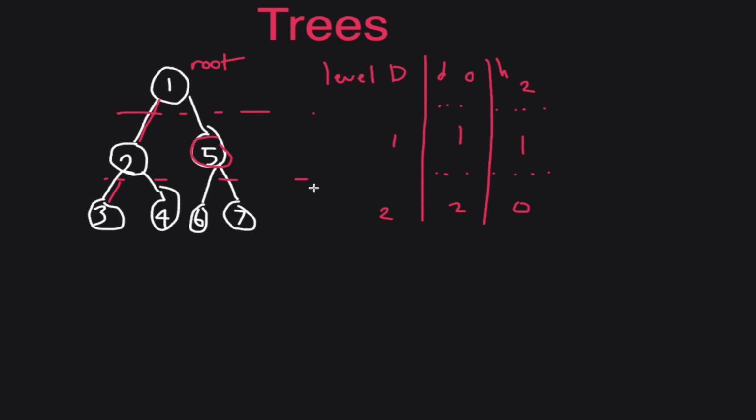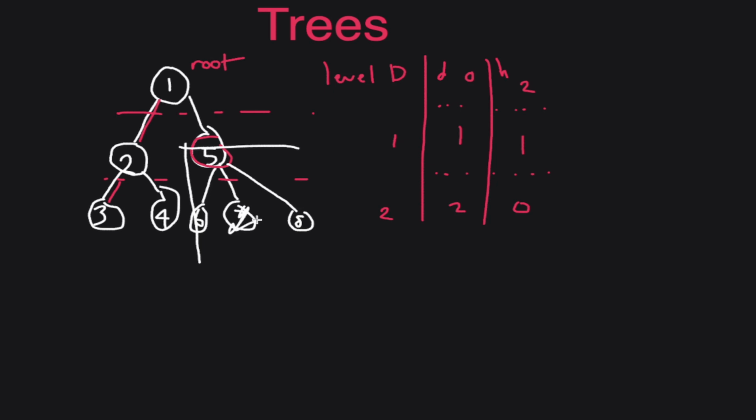And this concept extends to ternary trees and n-ary trees because you just have to extend the number of children. So for example, if this is a ternary tree, and we're just considering this subtree here, we would say that this subtree is complete because it's filled left to right.